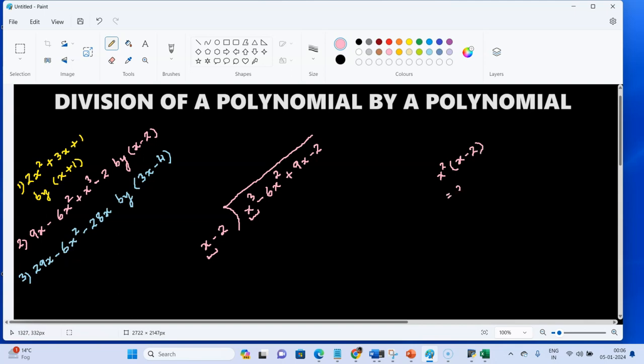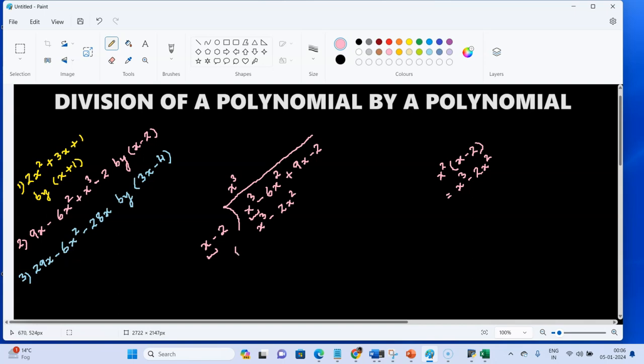It could be x cube minus 2x squared. As you know very well, we have to cancel these terms that contain x one by one. Okay? So now this will become x cube minus 2x squared.